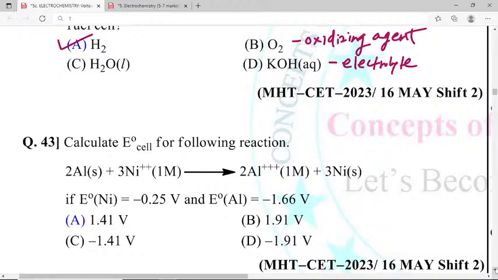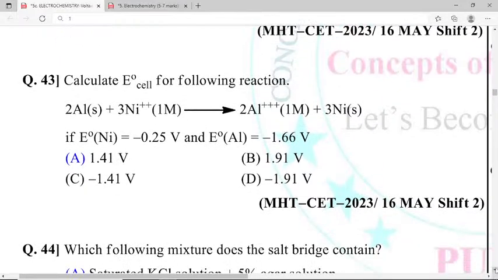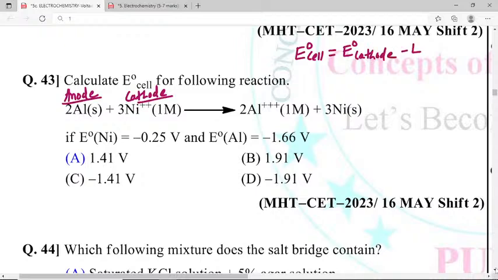Next question. Calculate E naught cell for the following. Aluminum is the anode and nickel is the cathode. E naught cell is equal to E naught cathode minus E naught anode.